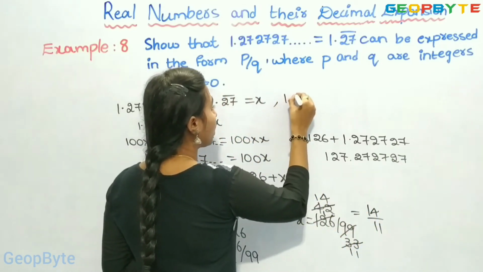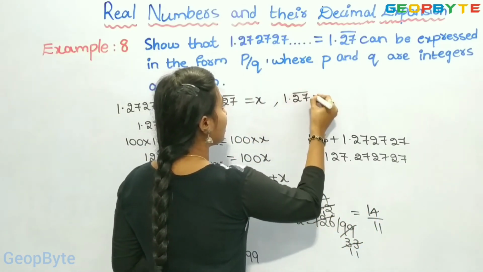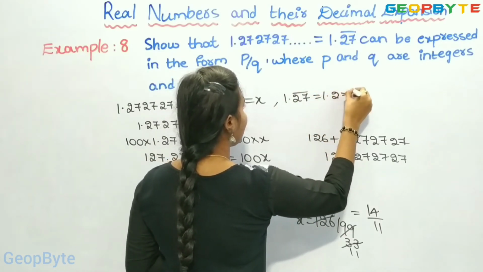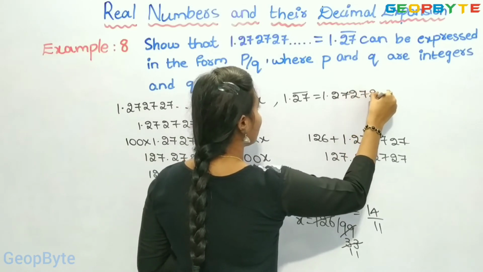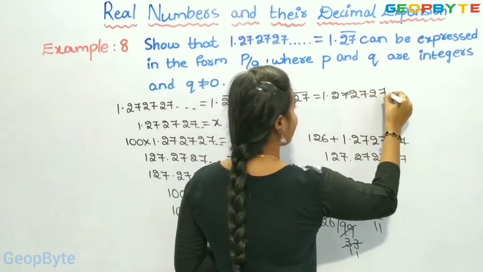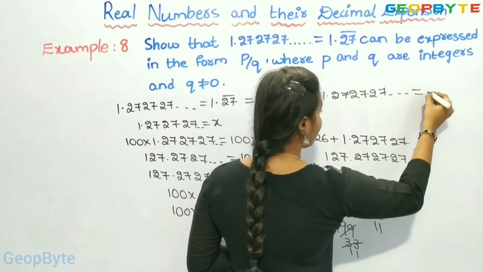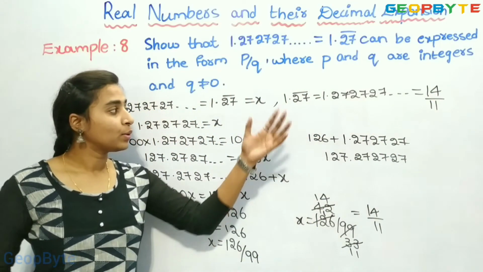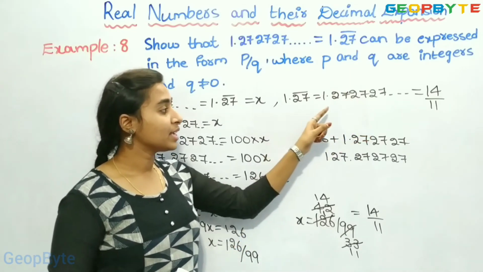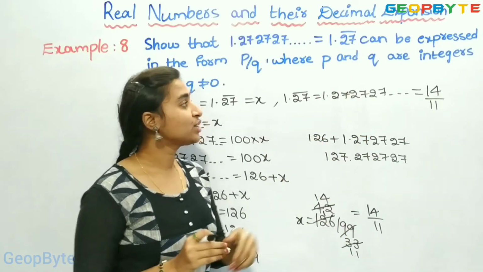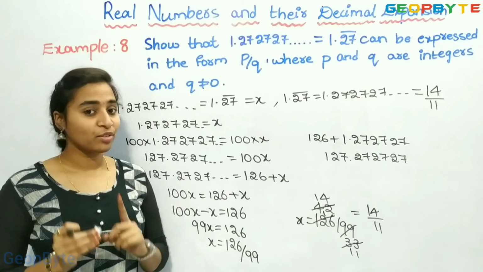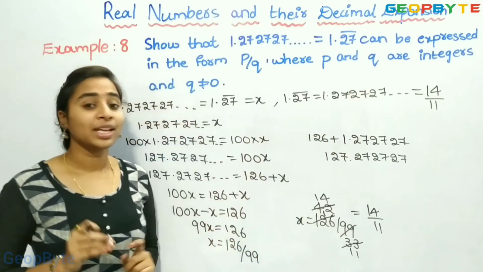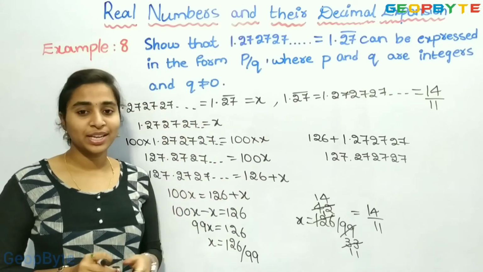So, 1.27 bar, 1.272727 and so on, is equal to 14 by 11. Now, this decimal one is converted into a rational number, that is in the form of P by Q, where P and Q are integers and Q not equal to 0.